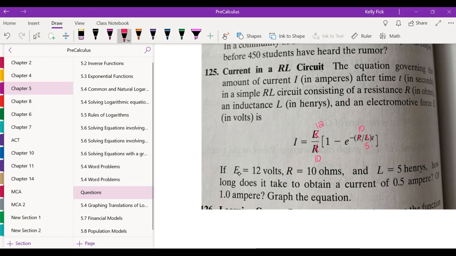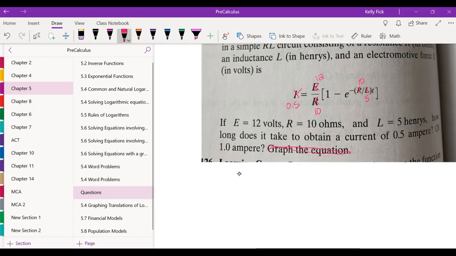Now, you read above, the current I is where that 0.5 goes in. So 0.5 is going to go in here for I, and I have an equation where I'm trying to solve for T. Then I'm going to do the same thing, but instead of plugging 0.5 in, I'm going to plug in 1. Graph the equation, don't really care about that. So let's start with the 0.5 one.